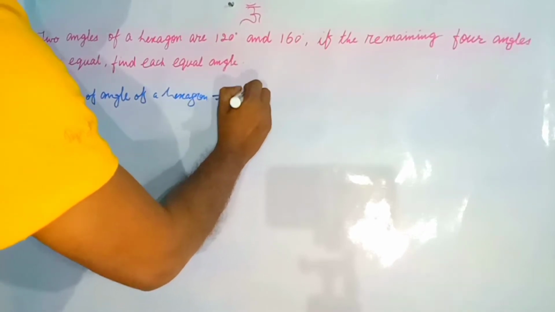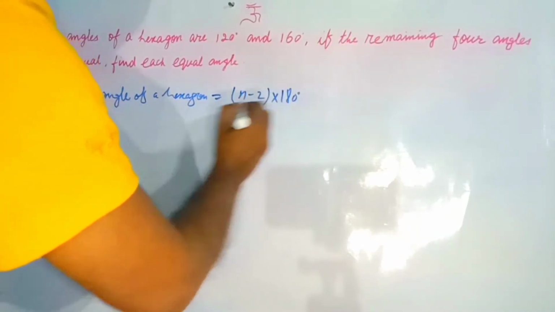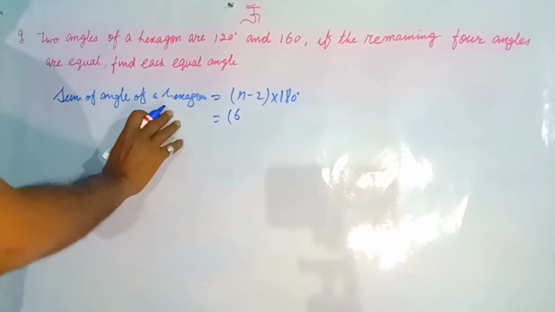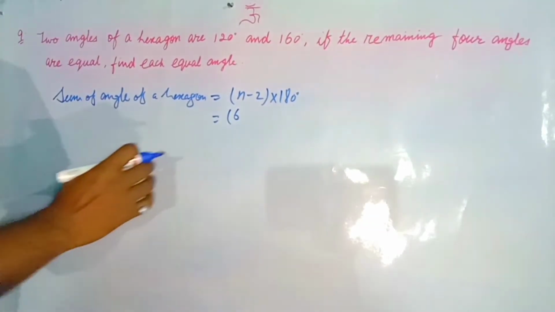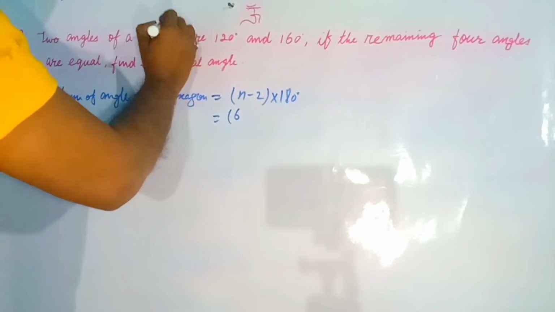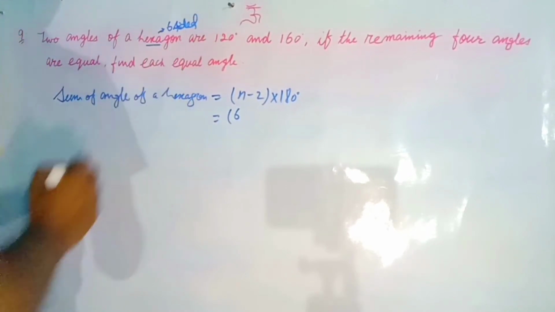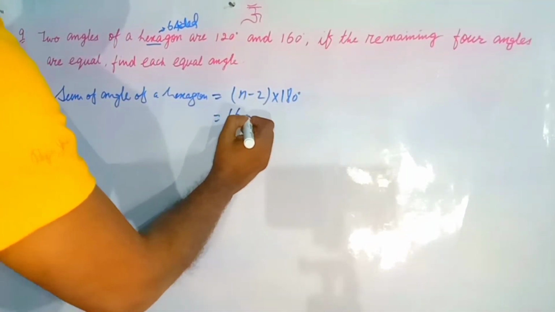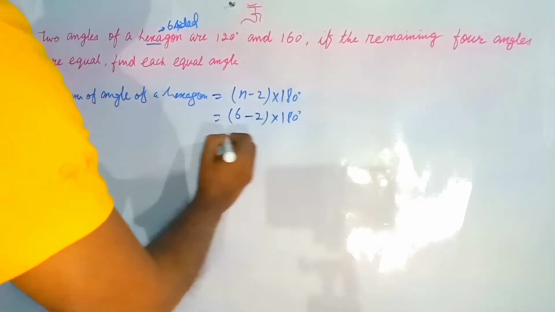It will be (n minus 2) into 180 degrees. In the place of n we will write 6, because a hexagon is a six-sided figure. So in the place of n we write 6, then minus 2, and then into 180 degrees.